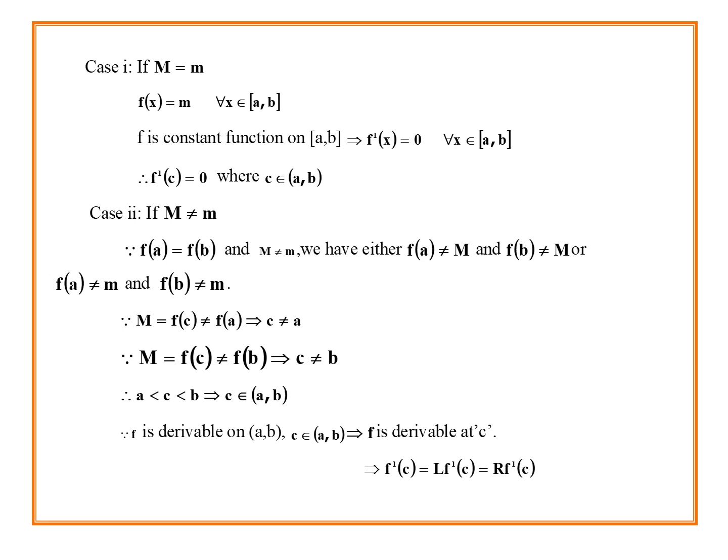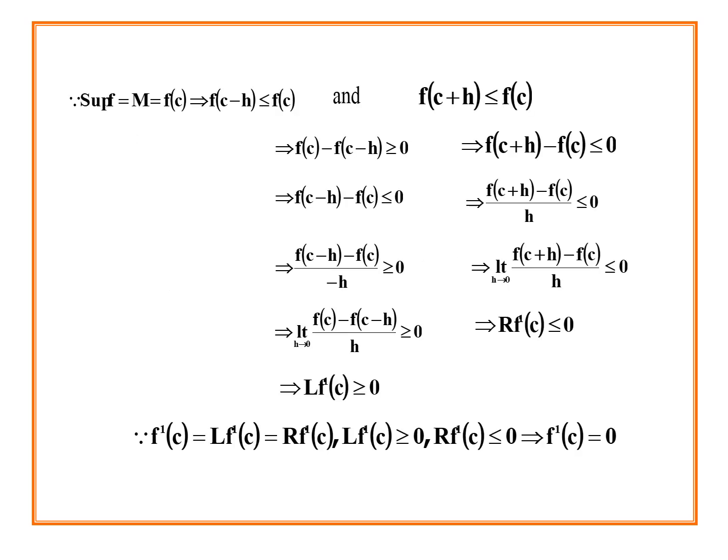So f is derivable on open interval (a,b), that is, c belongs to open interval (a,b). So this implies f is derivable at c, which means f'(c) is equal to the left hand limit f'(c) is equal to the right hand limit f'(c).